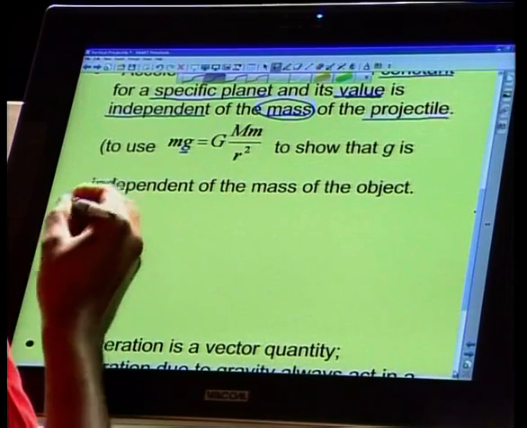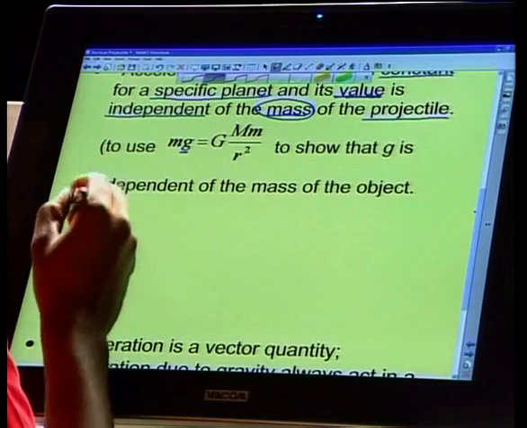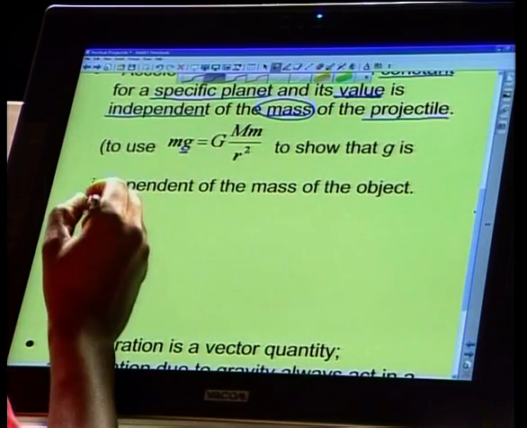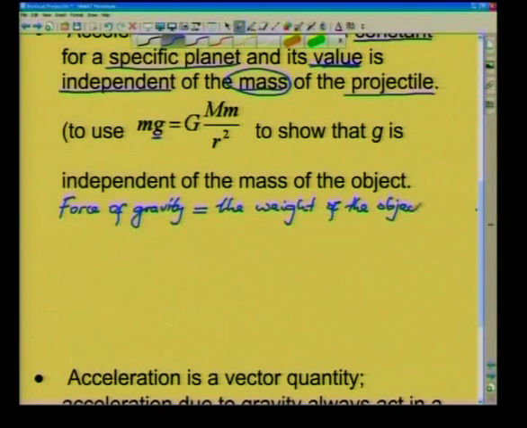Remember that we said the force of gravity equals the weight of the object. This is what I said earlier on. Now, if we say that the force of gravity is the same as the weight of the object, remember that the force of gravity is given by that.